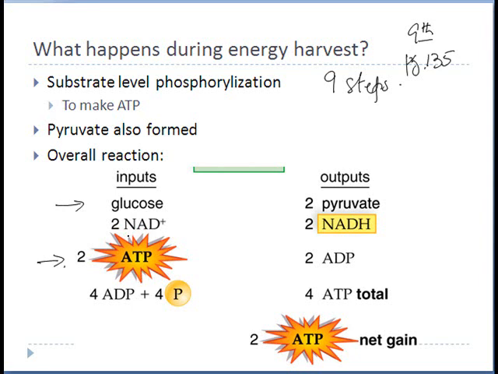You need 2 molecules of NAD to form NADH, which will accept the hydrogen ion, and at the end of this reaction you'll get 2 pyruvate, 2 NADH, two ADPs from the ATP molecules, and you also get four other ATPs formed, two from each step of the reaction.